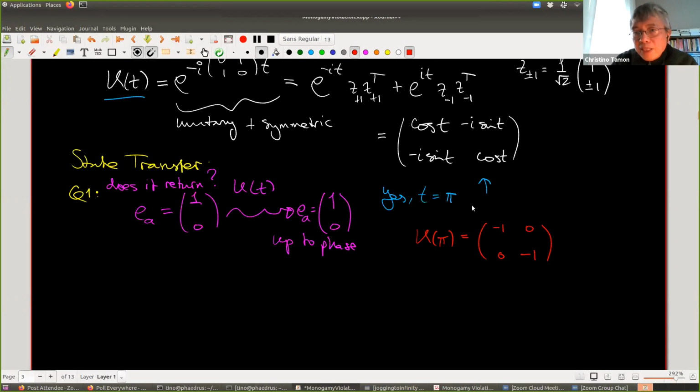So essentially we're just looking at the first column because this is indexed by A. So yes, with a phase of -1, it comes back to itself. So this unit vector actually comes back. Is this okay? This property is something we call periodic behavior.